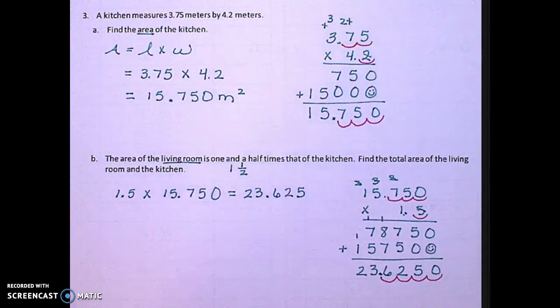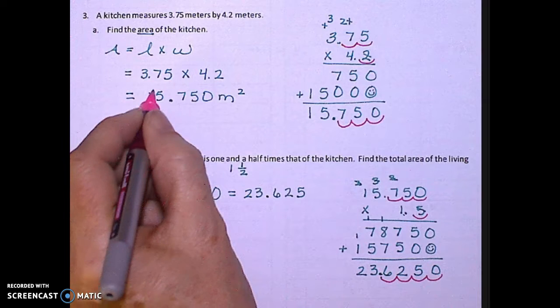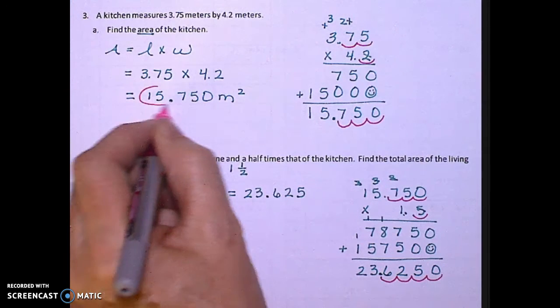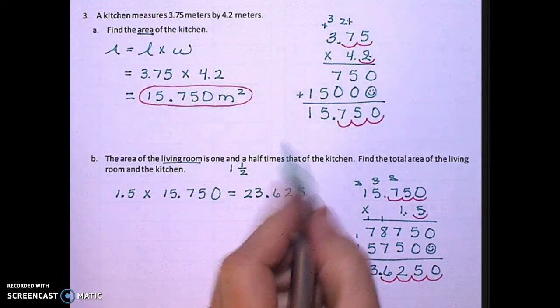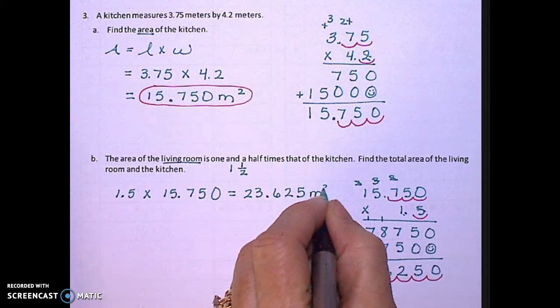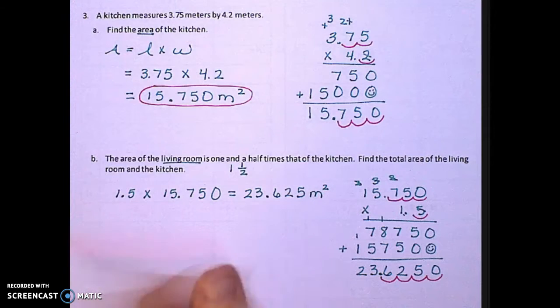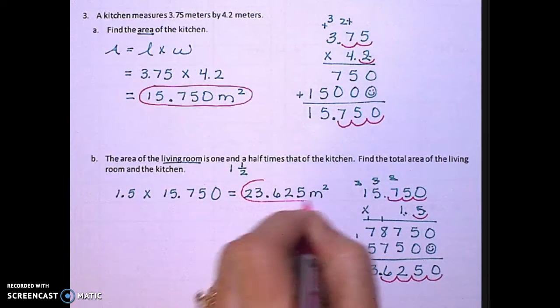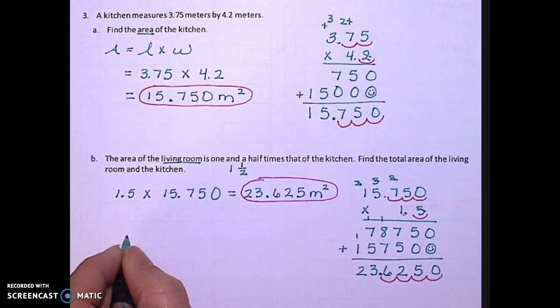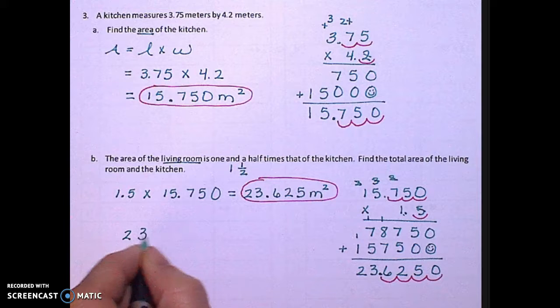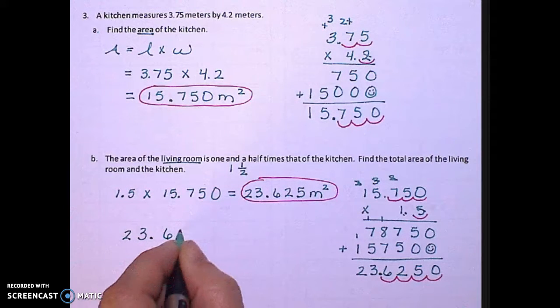So let me show you the numbers that we're going to use. We're going to use this number. This is the area of the kitchen. I just noticed I need to put meters squared right here. This is my area of the living room, and we're going to add those two together. So go ahead and write them down.